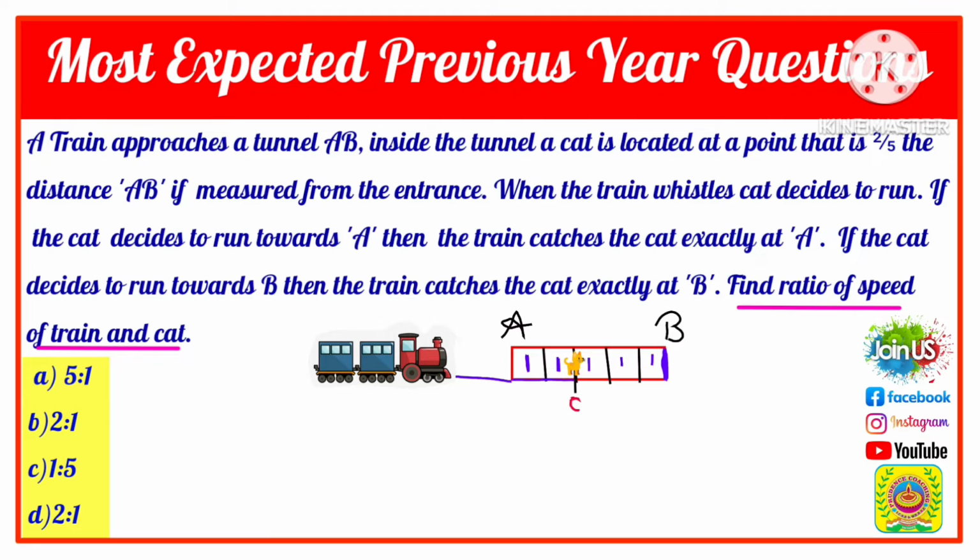Before finding the ratio, one thing you have to know is the basic formula of time, speed and distance, that is distance equals speed into time. And here, as you can see, the starting time and the ending time, that is the meeting time of cat and train, in both conditions is the same, or you can conclude that the time is fixed.